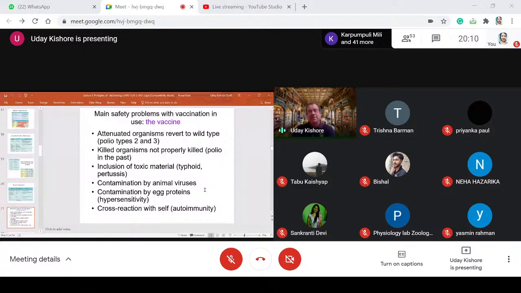Some people are hypersensitive to egg proteins, and some vaccines used to contain egg proteins to stabilize the vaccine components. So such people can have a hypersensitive reaction because of the adjuvants or stabilizers added to the vaccine. Some people can have cross-reactivity, and that can lead to autoimmunity, rarest of rare incidents, but immunologically, these are possibilities.